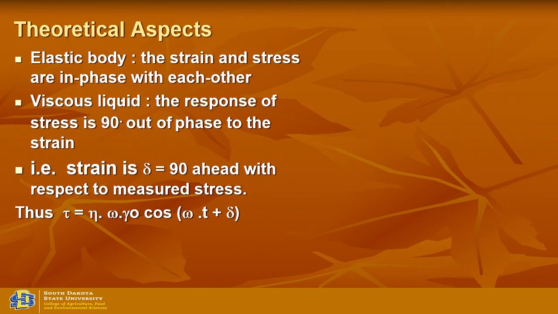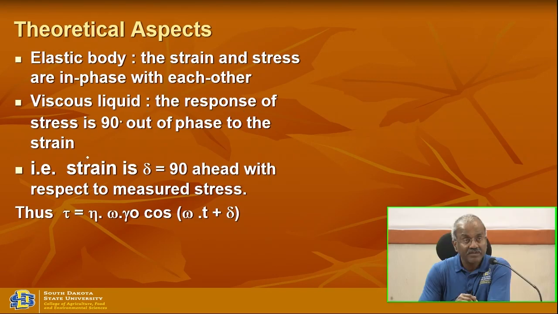So in terms of theoretical aspect, that's what I said here. For an elastic solid, the strain and stress are in phase with each other. For a viscous liquid, the response of stress is 90 degrees out of phase to the strain. And it will be similar if you have a stress input and strain output. The example I showed you here is a strain input and stress output.